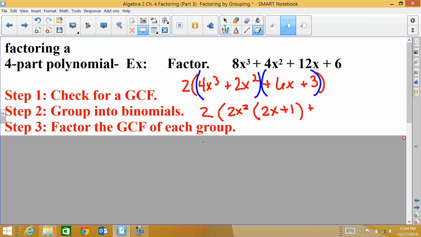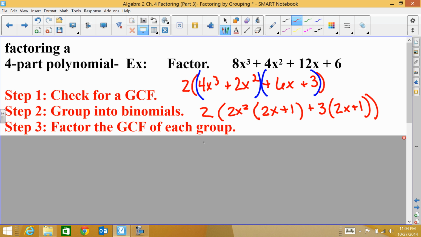I'm getting ahead of myself. My greatest common factor would be 3. So I would take out the 3, and then I would have left over 2x plus 1. Now I have a double set of parentheses here because I have this 2 that's in the very front from the beginning. So this part is in parentheses as well.